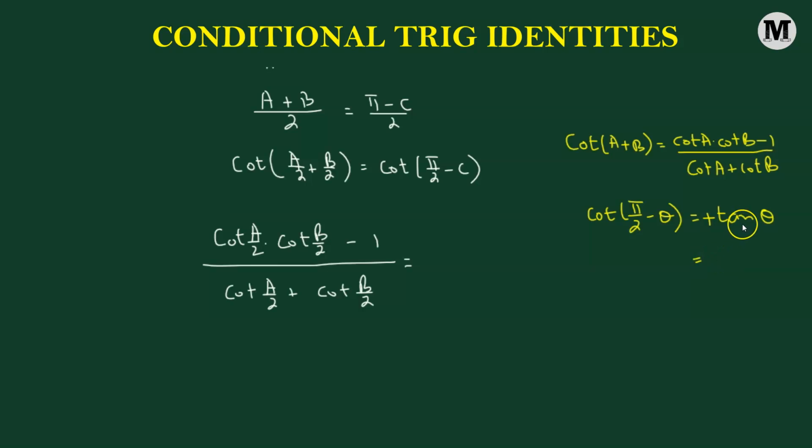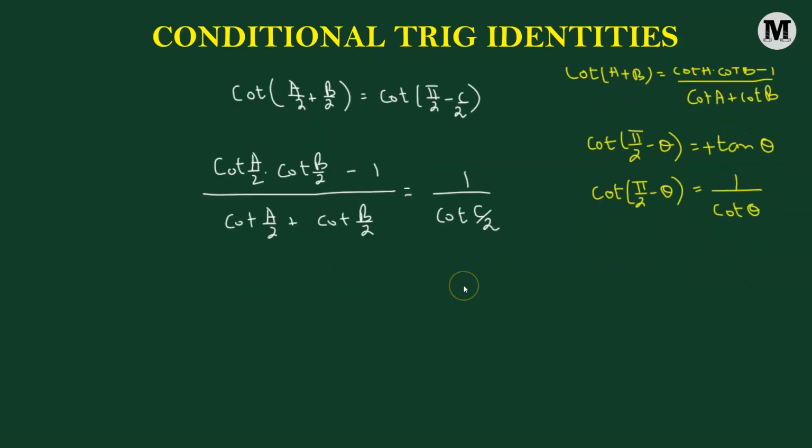However, the tangent of theta is simply the reciprocal of the cotangent function, so in place of tangent of theta we can rewrite it as 1 over cotangent of theta. In other words, cotangent of pi over 2 minus theta is the same as 1 over cotangent of theta. Now for our case, what is theta here? Actually this is c over 2, not c. So theta is c over 2, and our formula should be 1 over cotangent of c over 2.